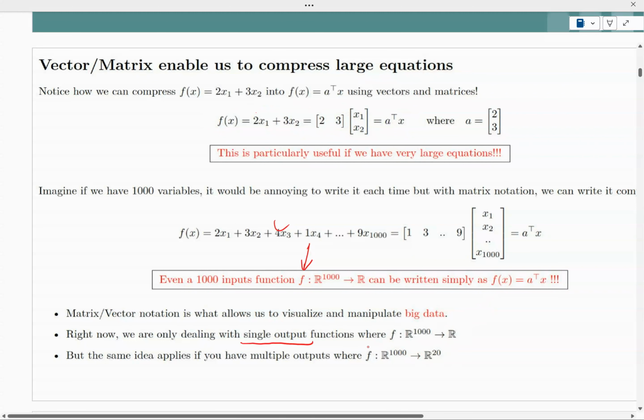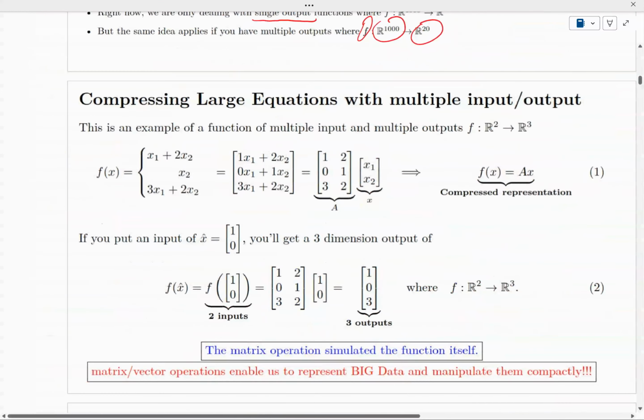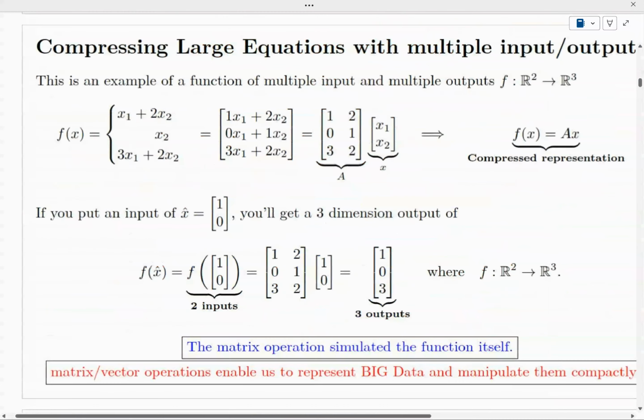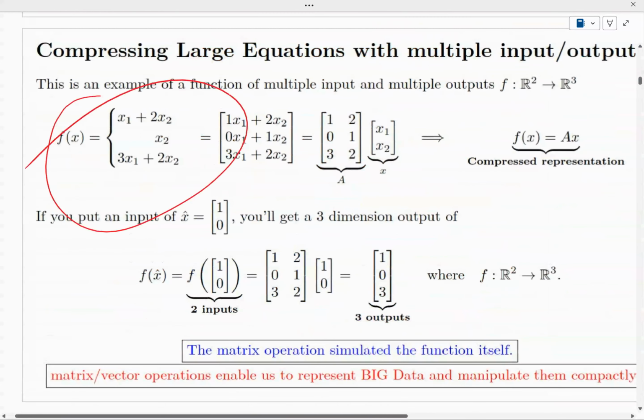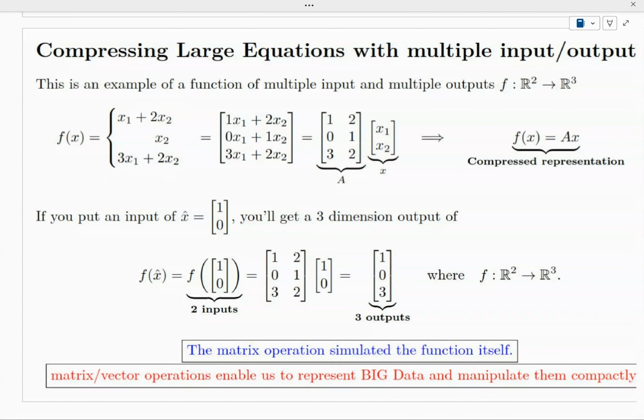Here you have a function of 1,000 inputs and 20 outputs, for example. In those cases, the equation will be written something like this. Here's an example where we have an equation with two inputs, x1 and x2. However, it has three outputs. With this particular example, notice that this can also be written as a vector.